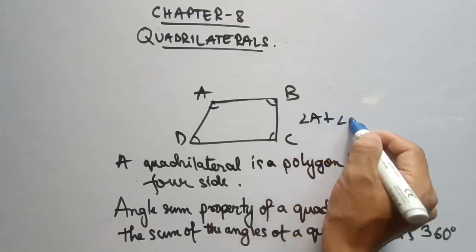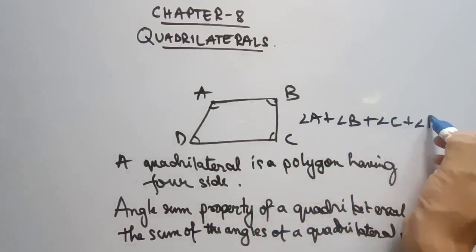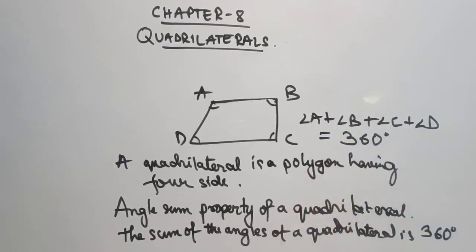Angle A plus angle B plus angle C plus angle D equal to 360 degree. That is called the angle sum property of a quadrilateral. Just like the sum of all the angles of a triangle is 180 degree, the sum of the angles of a quadrilateral is 360 degree.